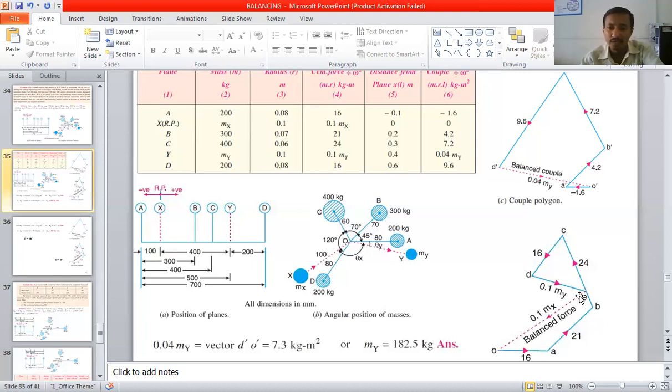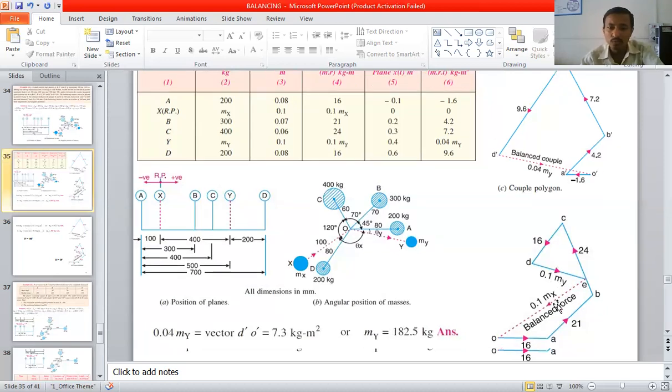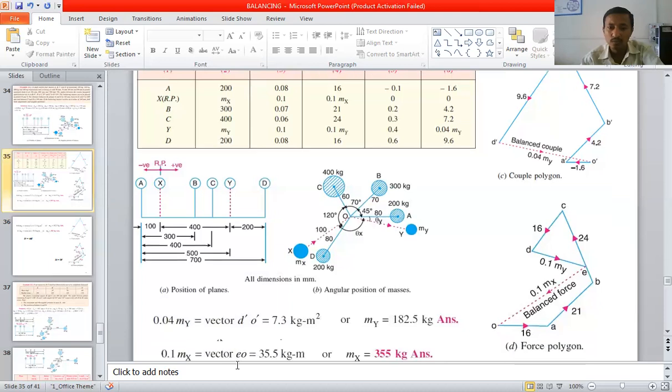Again we measure it graphically, so whatever the value, that is equal to 0.1 into mx. So 0.1 into mx is equal to vector EO. So it is 35.5 kg meter, or mx is equal to 355 kg.